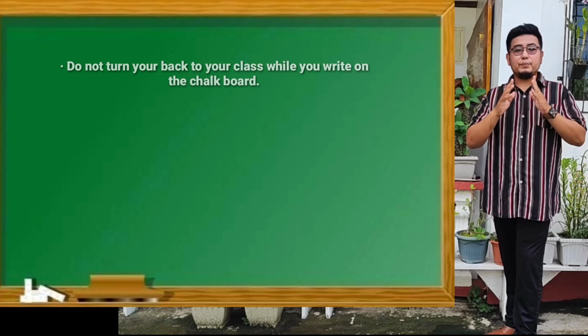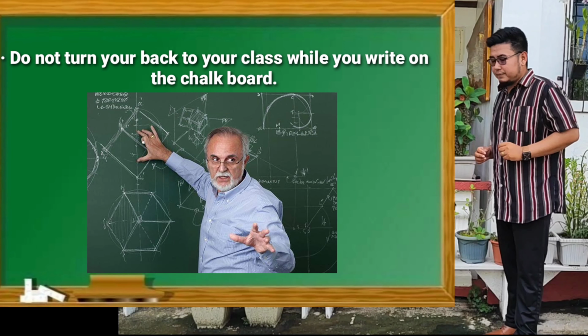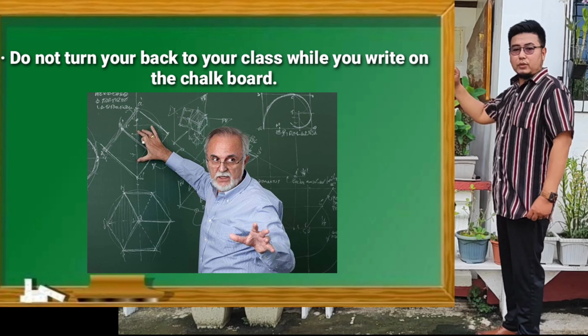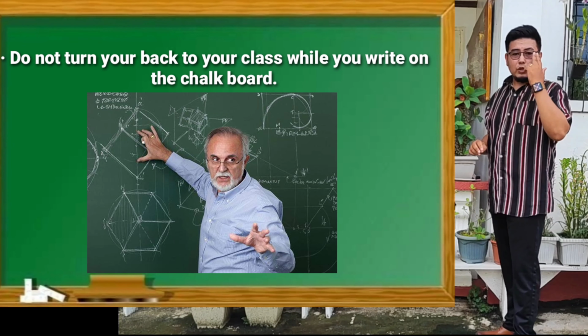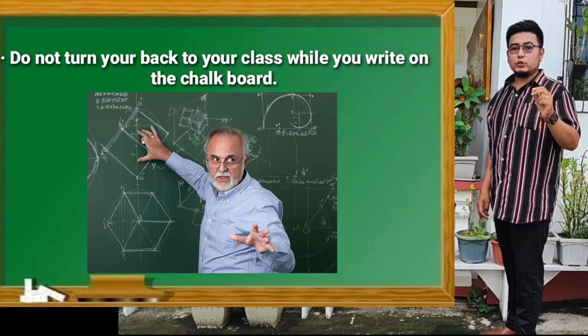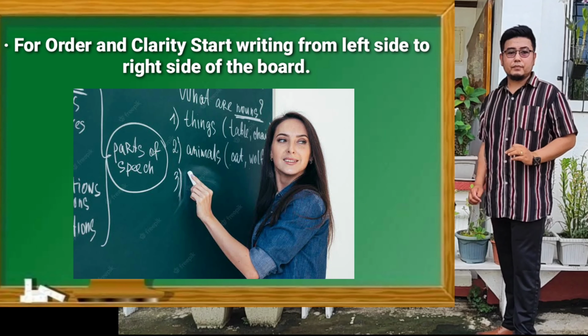Next, do not turn your back on your class while you write on the chalkboard. Write sideways as you talk, and don't lose eye contact with your class to keep your students engaged in the subject matter.